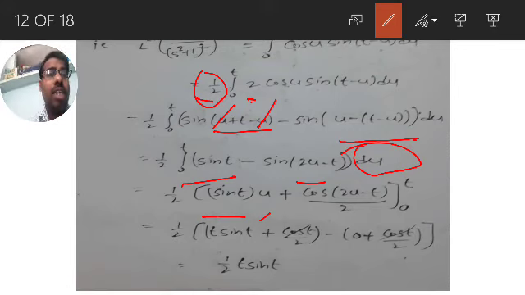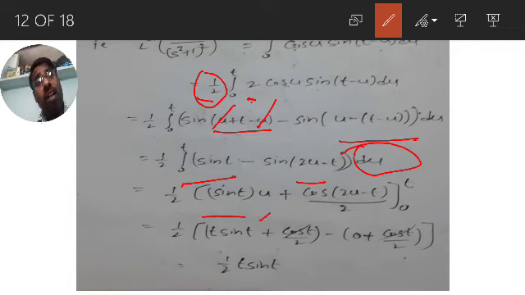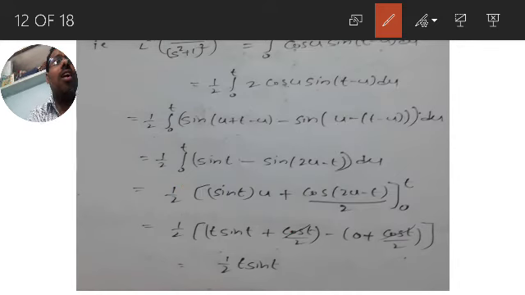The upper limit is t: substitute t, sin t, and 2t minus t means t, that is cos t by 2. Minus the lower limit: if you put u equal to 0 then it is 0, and the cos term becomes cos of minus t. Cos of minus theta is equal to cos theta, that becomes cos t by 2. Plus and minus cancel, and the answer is 1 by 2 into t sin t, that is the answer.